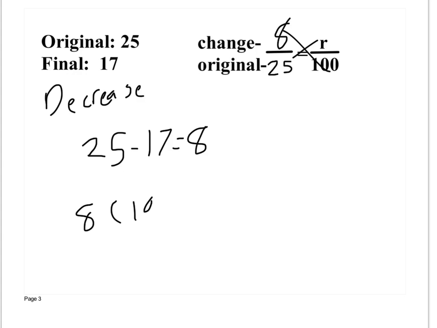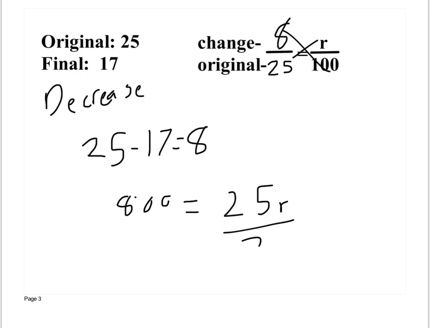8 times 100, which is 800, is equal to 25R. Then we divide both sides by 25. 25 goes into 800 32 times.